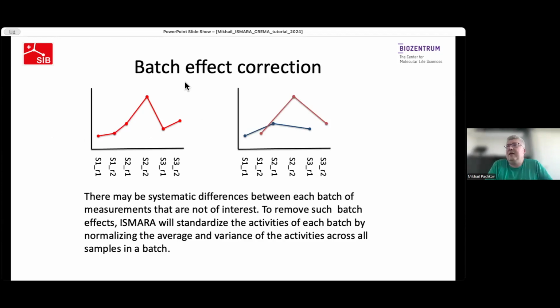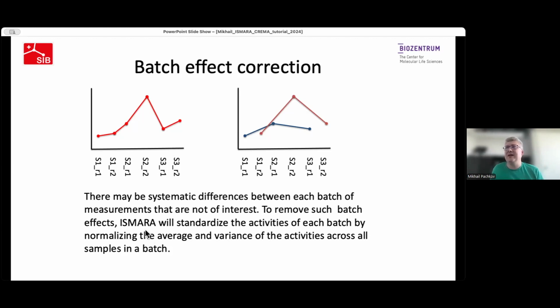So we also have one extra feature for the averaging functionality, which is called batch effect correction. The approach we use is extremely simple. And we always say it should be used with caution, because potentially it might be dangerous to apply it to data which do not require batch correction.